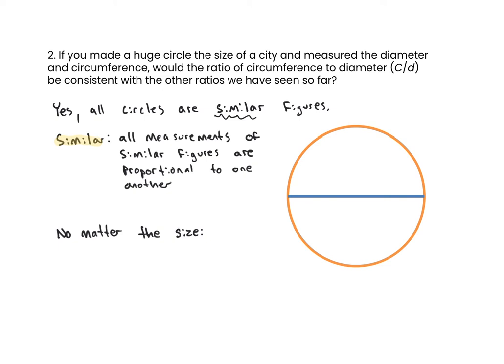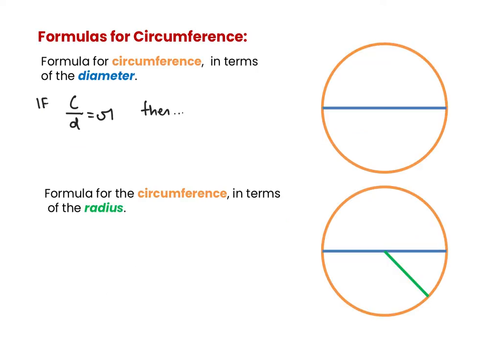So no matter the size, no matter if we're talking about the circumference and diameter of Saturn or the circumference and diameter of a grain of sand, circumference divided by diameter is equal to pi. Always, always, always. And because we have this relationship where our circumference divided by our diameter equals pi, we can use fact families.